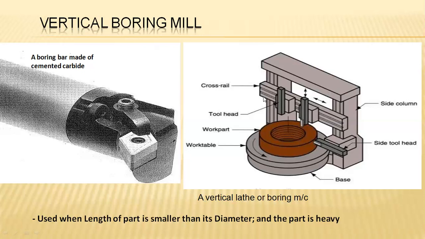And this is the entire pictorial representation of a vertical boring mill. These are the cross rails used for holding the chucks, which have the capability of moving or sliding up and down. The work part will be in a fixed condition because of its huge weight.